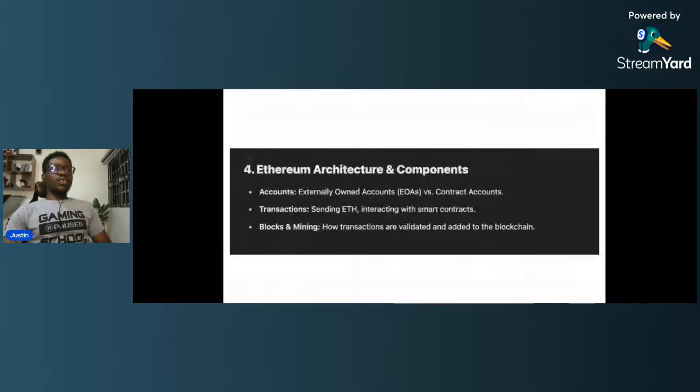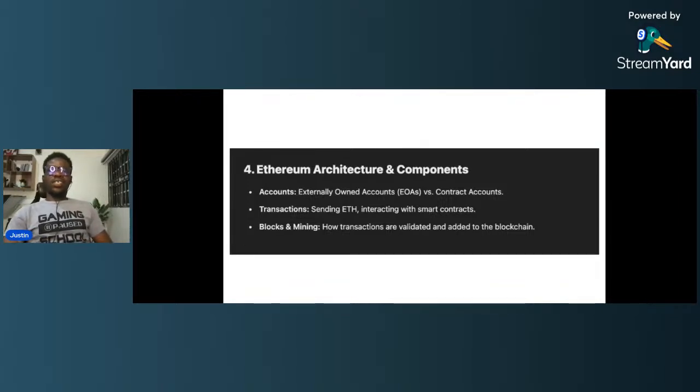All right, going forward, we'll cover Ethereum architecture and components. When you download a wallet and create an account, we call that account an EOA, externally owned account. So your personal account is termed an EOA. We also have the contract account.